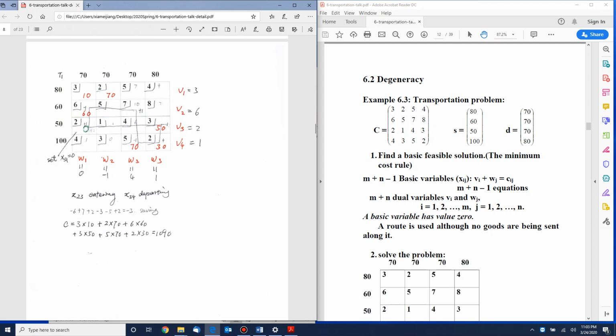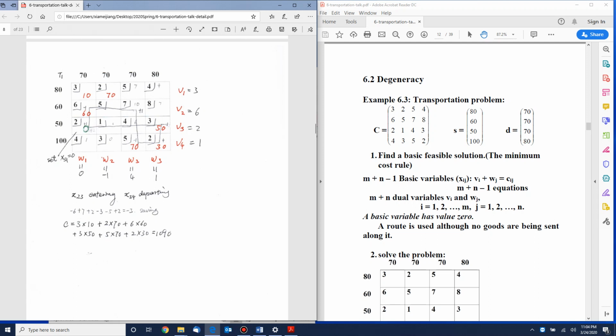So m plus n minus 1 is the number of basic variables we require, right? 4 plus 4 minus 1 should have 7, but here we have only 6 basic variables. So in this way, that means we have to set one basic variable with value 0.